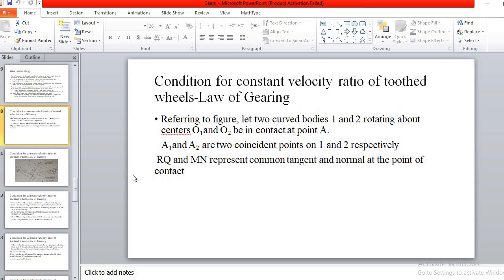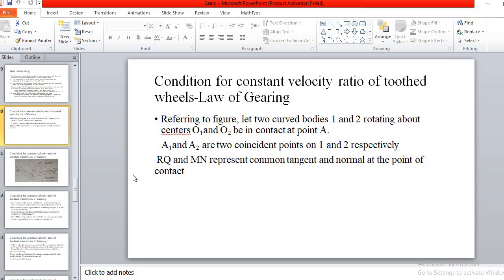As we discussed in the belt drive, what is the velocity ratio? Velocity ratio is nothing but the ratio of the angular velocity of the driven wheel to the angular velocity of the driver wheel. The same approach we used in the belt drive topic, we use in the gear drive also.